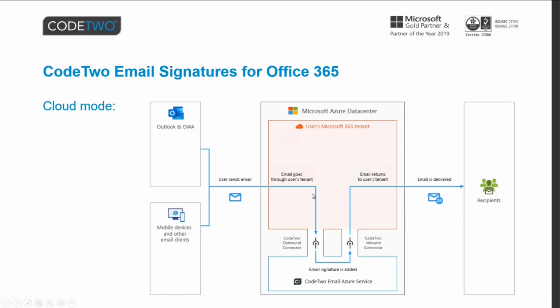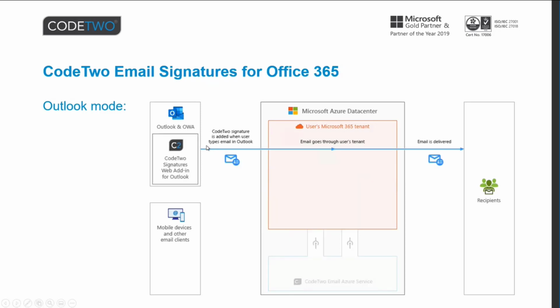But what we do here is we have a cloud service in the same Microsoft Azure data center as the customer tenant to ensure full security so that your data never leaves Microsoft data center. And we add the signature using our service, and then the email with a signature is delivered to recipients. So when a user types their email, they do not get the signature. It's added in the cloud later on.